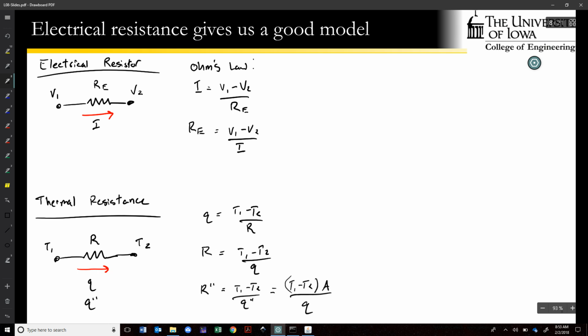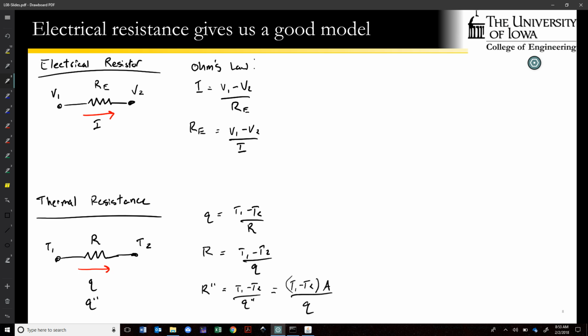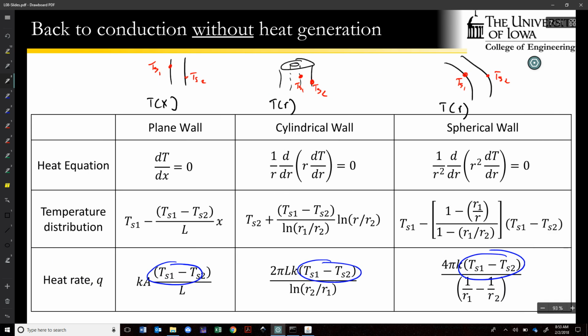Okay, so if we take a quick look back at that previous table, the idea here is we look at our heat rates. I mentioned that there's this idea that we have this constant times that jump in temperatures.